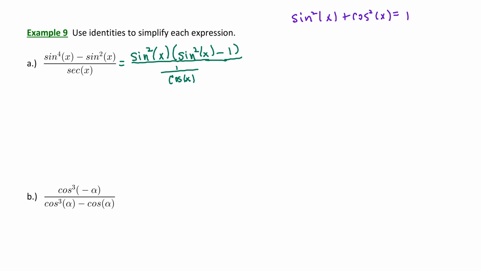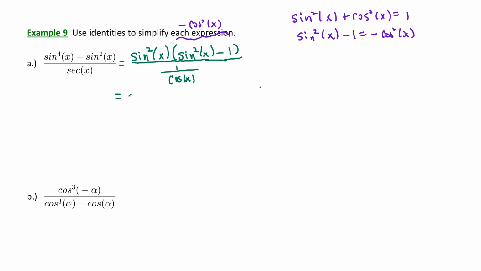I want to manipulate the left side of that identity to match the factor that I have right here. So I need to subtract 1 from both sides of the equation, and I need to subtract cosine squared of x from both sides of the equation. Now I can see sine squared of x minus 1 is equivalent to negative cosine squared of x.